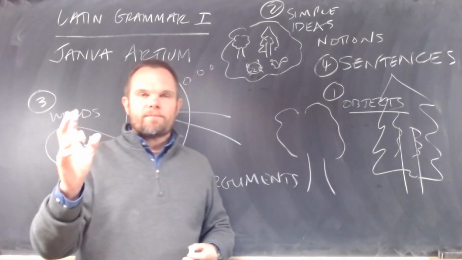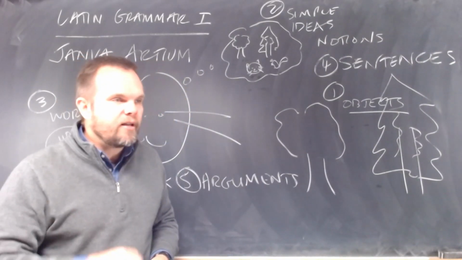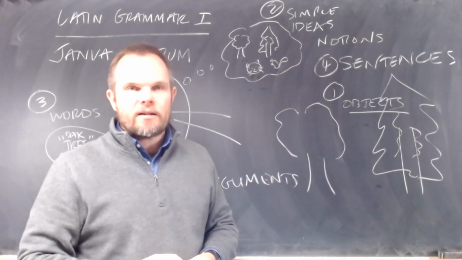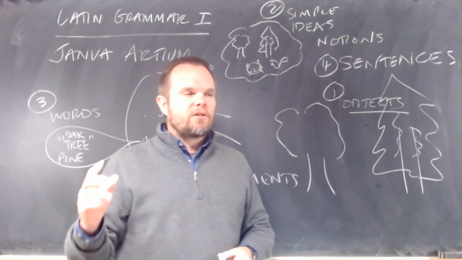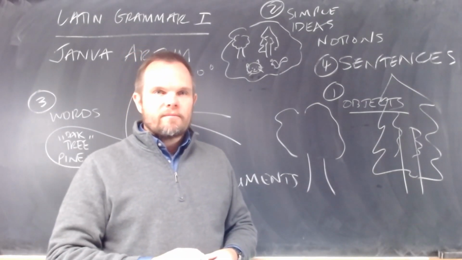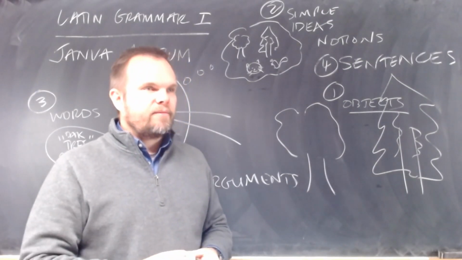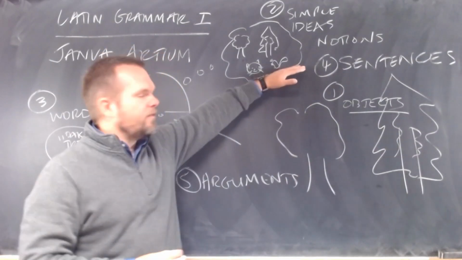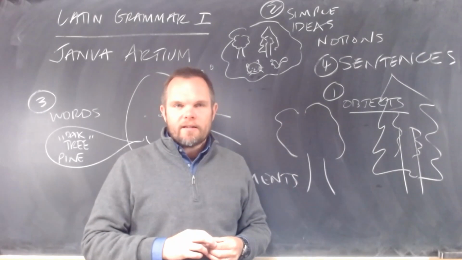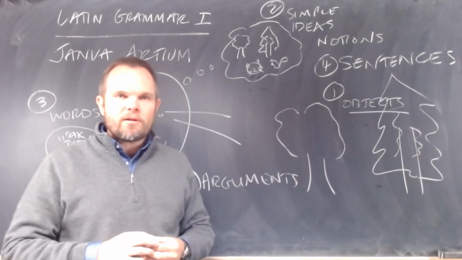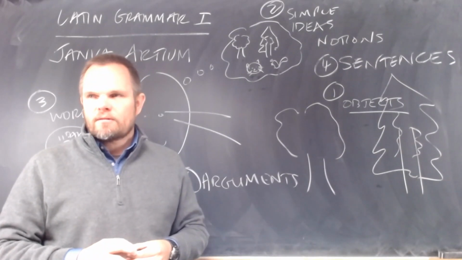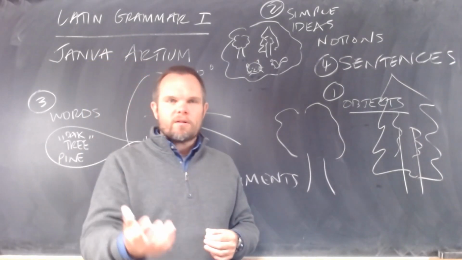For example, I'm going to say a word, and I want you to think about the image that comes in your mind when I say this word. Think about the word love. Is love a visible image? Not really, right? It's sort of an invisible thing, but you can start to think about images with the word love.